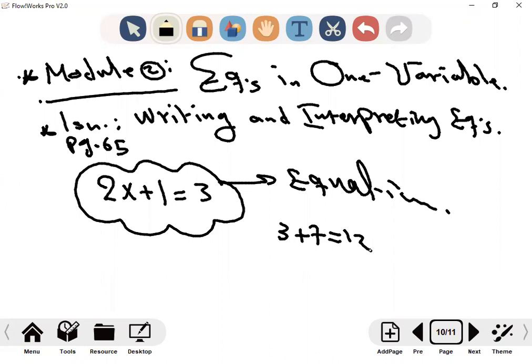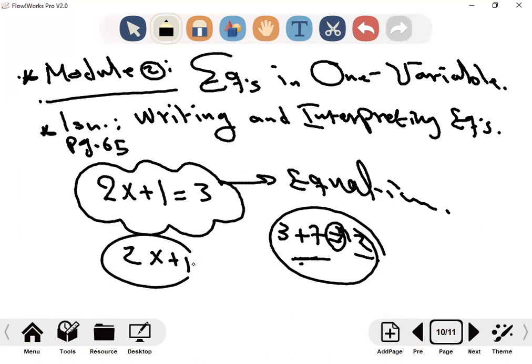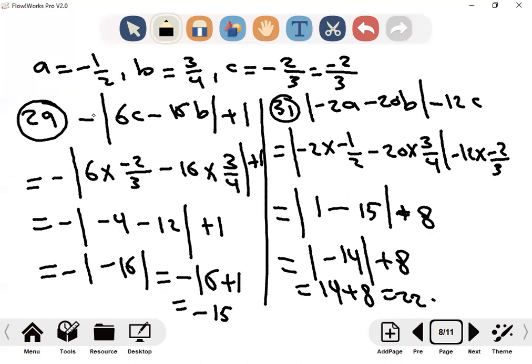This one is an open sentence and it's incorrect because all of us know that 3 plus 7 is 10, not 12. But the idea is whatever has an equal sign, two sides, whether correct or not, whether it has a missing variable, we call it an equation. Without an equal sign, 2x plus 1 by itself, what do we call it? Algebraic expression. Now, if I go a little bit back, do we have an equal sign? No, this is an algebraic expression. And we did a lot of them before.